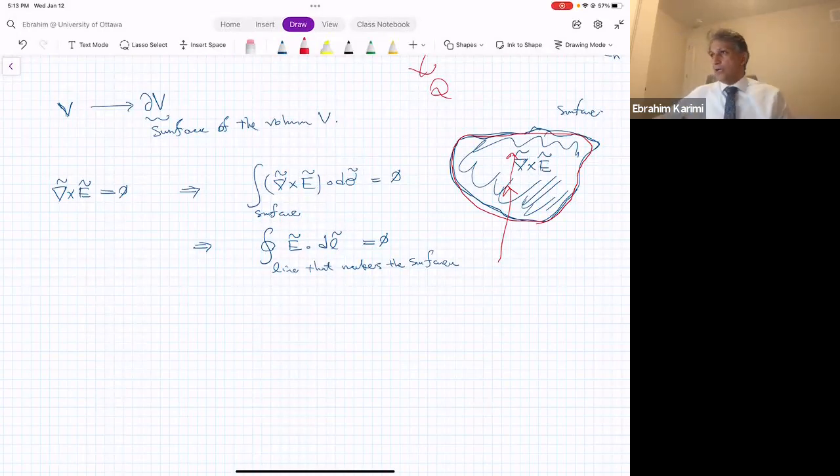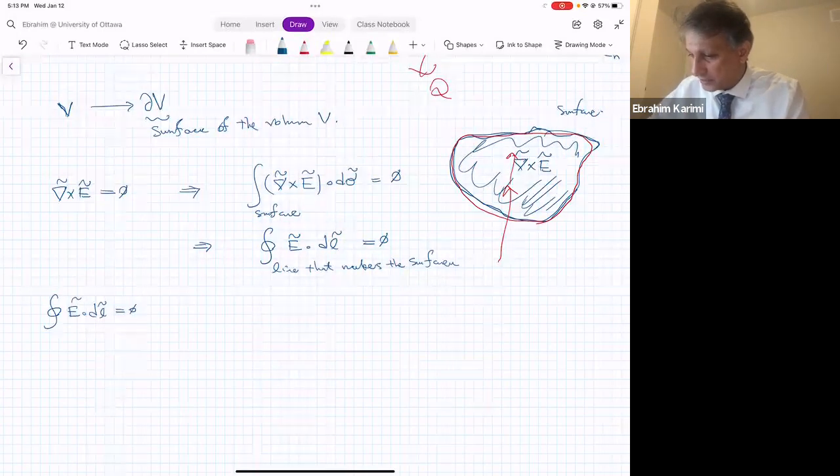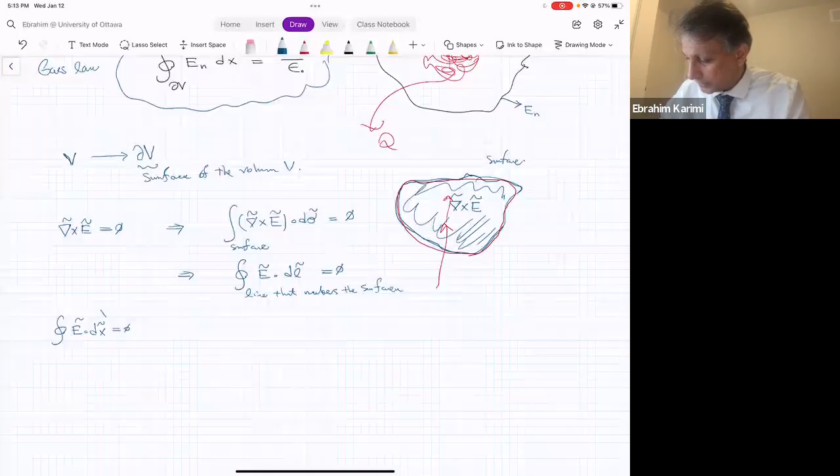Good. So we can use these formulas, the Stokes and Gauss theorems, which I will write down, in integral form: the integral of E dot dl is equal to 0, or sometimes I will write it as E dot dx equal to 0.